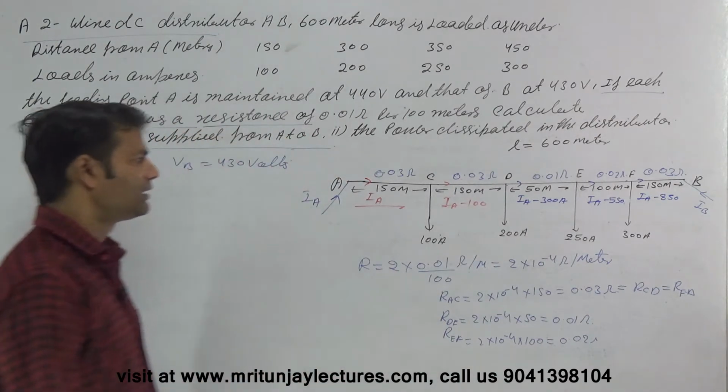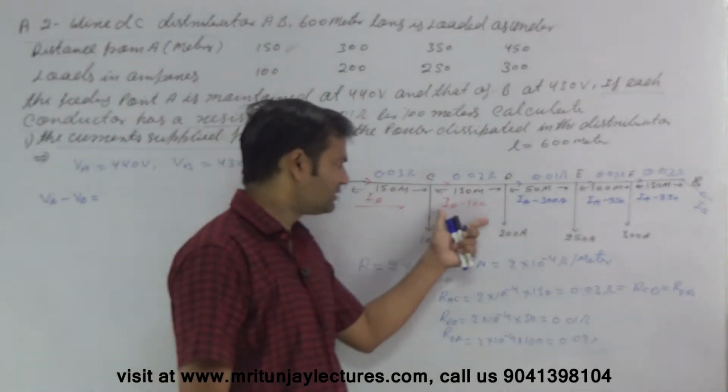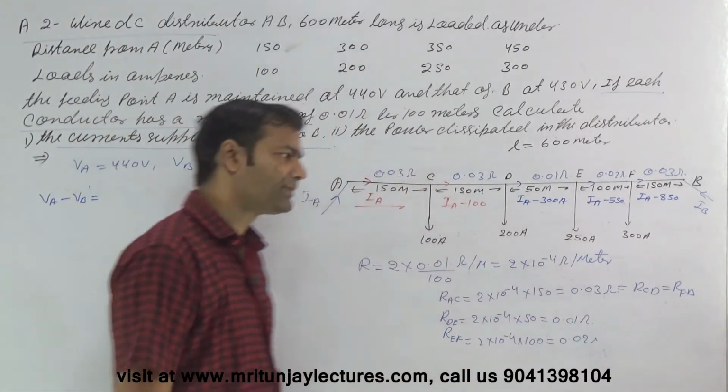Clear? Now VA minus VB is equal to the voltage drop corresponding to all five sections.